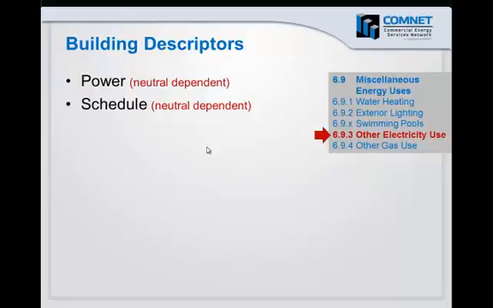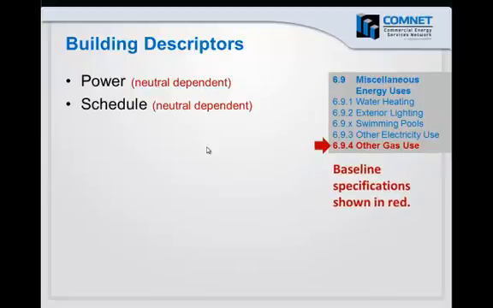Those would be the factors, and there's no credit for them because these are likely to be some type of process application, and really the same is true for gas. The power and schedule of miscellaneous gas use or miscellaneous electricity use is neutral dependent. There's no credit. The same values go into both the baseline building and the rated building.